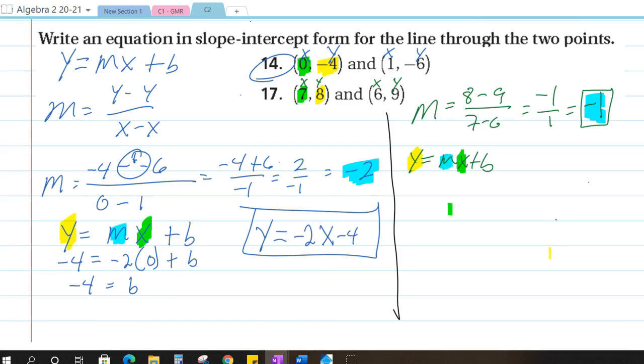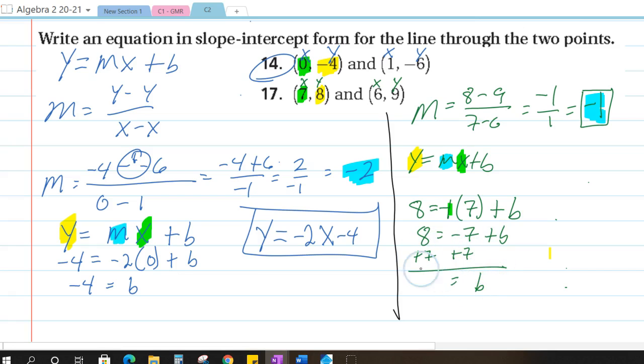Simply fill it in. 8 equals negative 1 parenthesis 7 plus b. That gives me 8 equals negative 7 plus b. Add the 7. b is equal to 15.